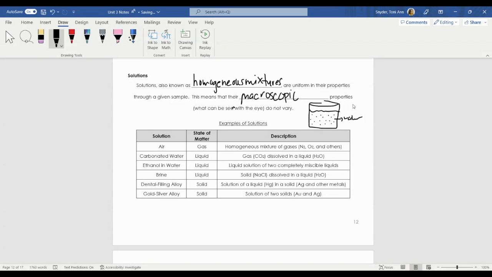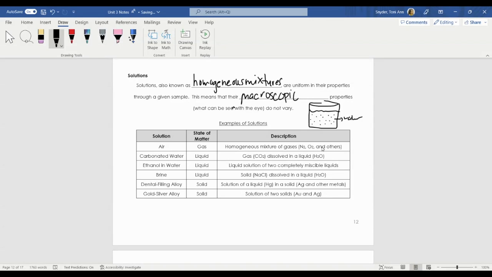Of course, there are a lot of different types of solutions, and it's not always just a solid solute dissolved in water. Air, for example, is a solution, because I have a homogeneous mixture of gases: nitrogen gas and oxygen gas and CO2 and H2O and little bits of argon, and they are evenly distributed.